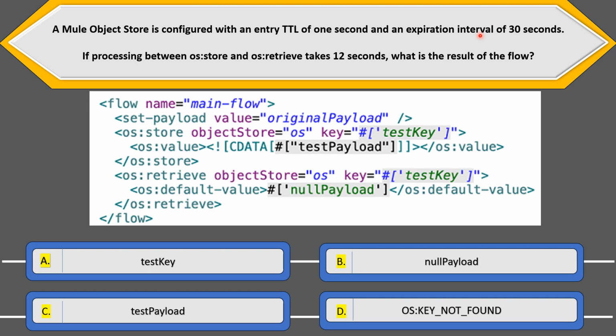So after every 30 seconds, this thread will check the object store for all the entries, and check if those entries have surpassed this TTL value of 1 second, and whichever entries have surpassed this value, it will remove those key-value pairs from the object store. Which essentially means that though the entry TTL is 1 second, the value will get removed only after 30 seconds, when this expiration interval is over and the Mule thread scans the object store.